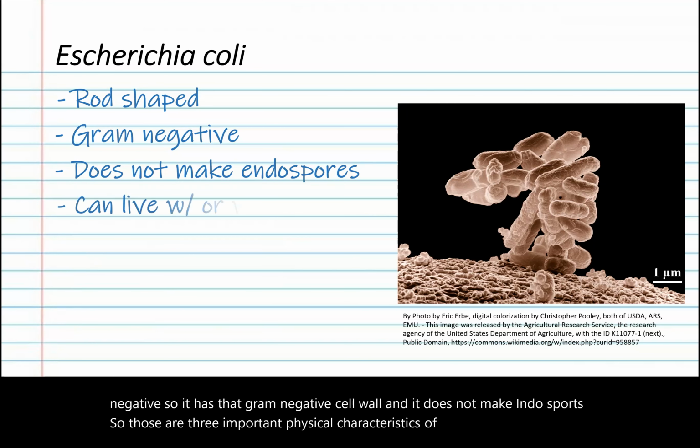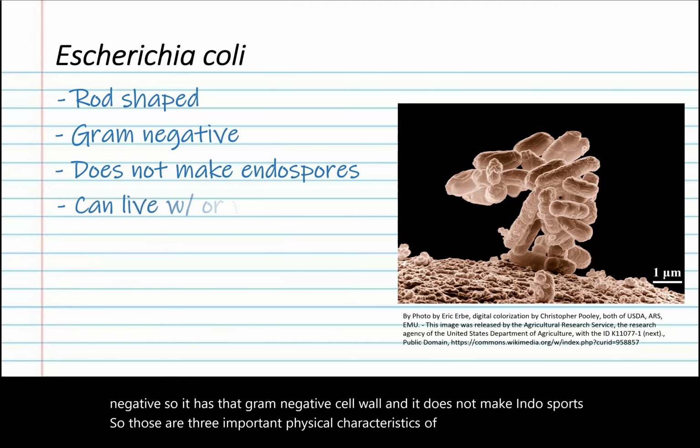In addition, it can live with oxygen or without it. So that's another tool we can use for grouping and classifying organisms, is whether they are aerobes or anaerobes. Okay. And then in this case, E. coli is commonly isolated from the habitat of the gut. It's really easy to grow in the lab, and it grows at body temperature.